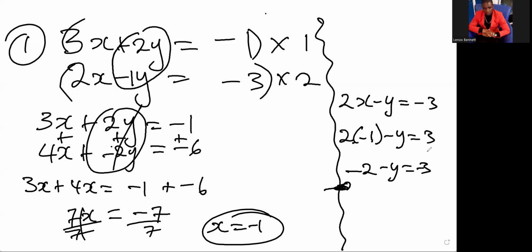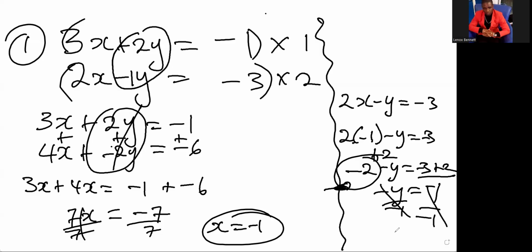Oh, this is supposed to be minus 3. So we're going to add 2 to both sides. So minus y equals negative 3 plus 2, that's going to give us minus 1. But then we divide by negative 1. Negative 1 over negative 1 gives you a positive 1. So x is negative 1 and y is positive 1.